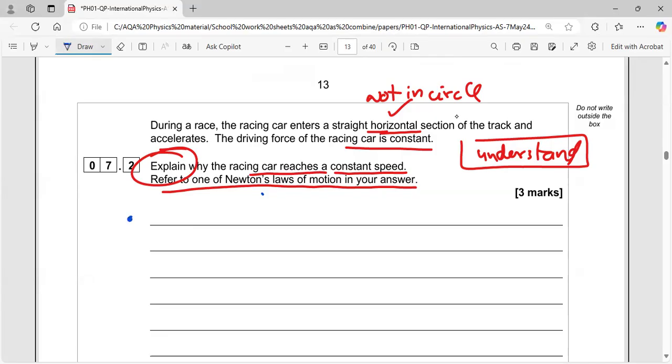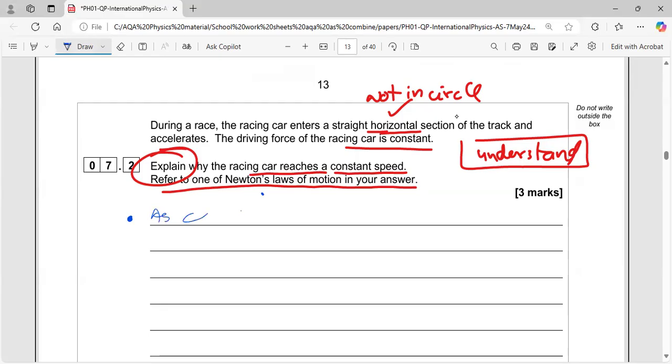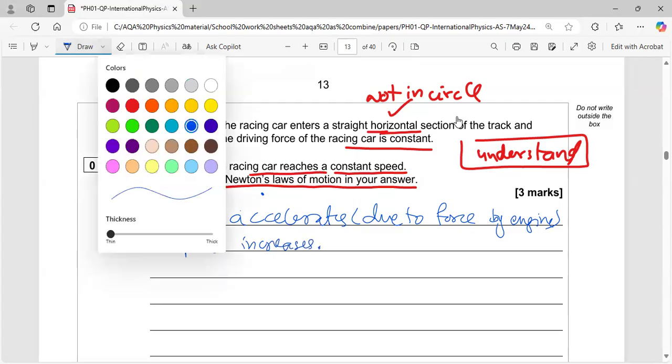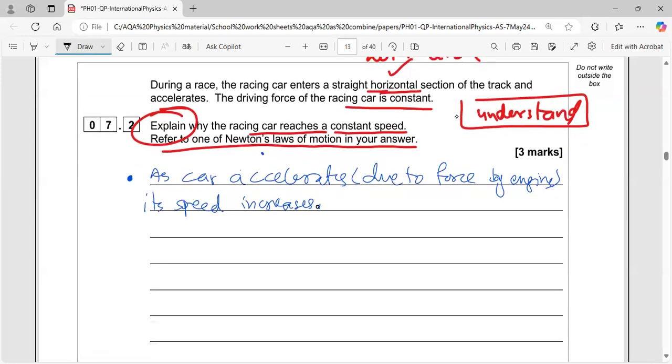So we will write it like: as the car accelerates, and this is due to force by the engine, its speed increases. So this is the first point. The second point, I'm just writing with different things so that you can understand easily.